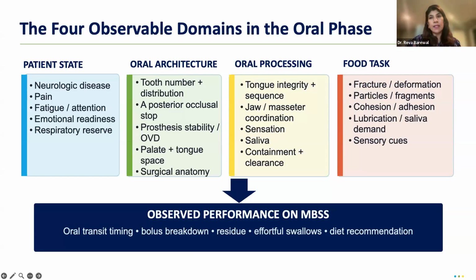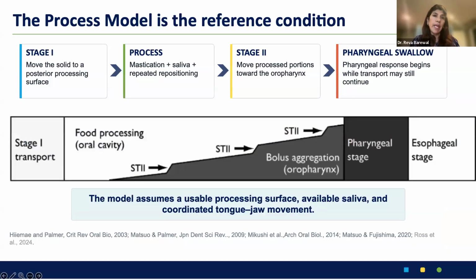And then there's the oral processing capacity: the tongue, jaw, sensation, saliva containment, and clearance. And finally, the food brings its own task. So on the MBSS, we see the output of all four. And so this is really complex.